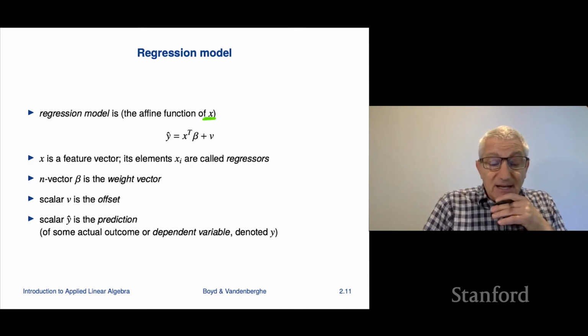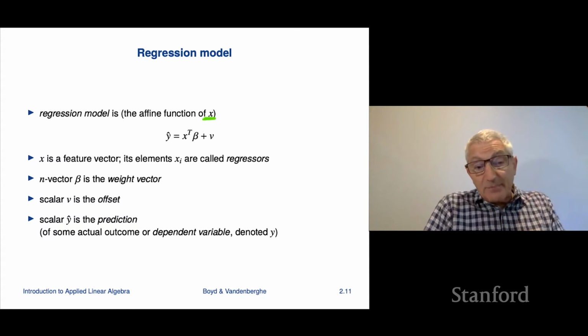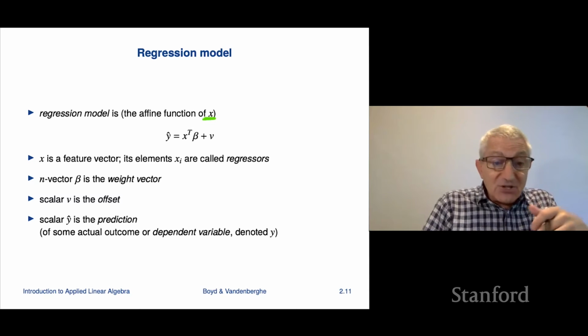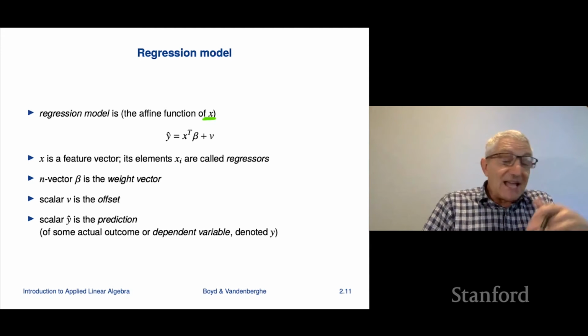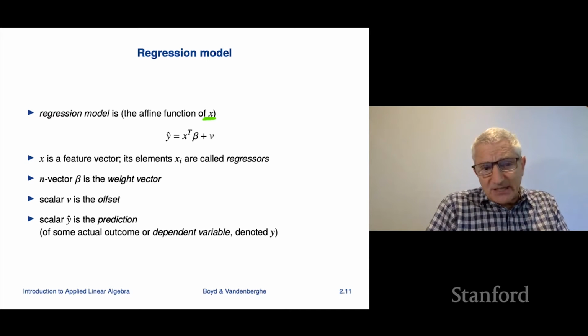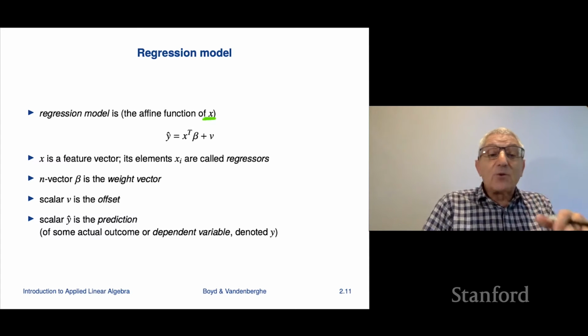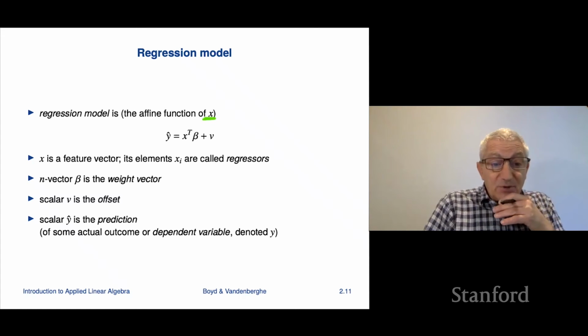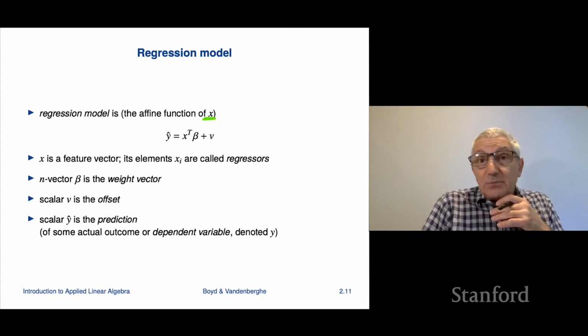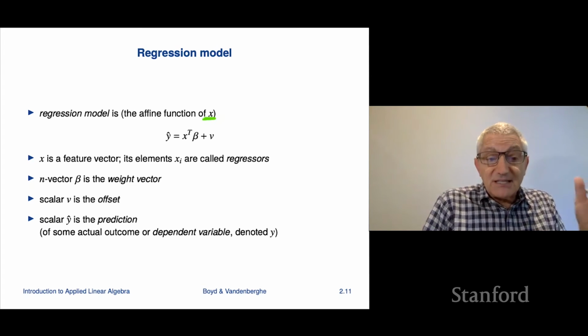So these would be attributes of the item, right? For a company, it could be the total capitalization of the company, the last year's return. It could be the sector that the company operates in, or something like that. So these would be attributes of it. And then y is something that we want to predict, right? And y could be, for example, the number of days that patient will ultimately stay in the hospital.